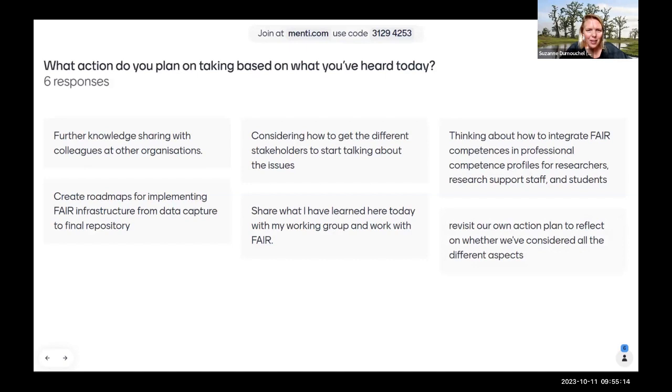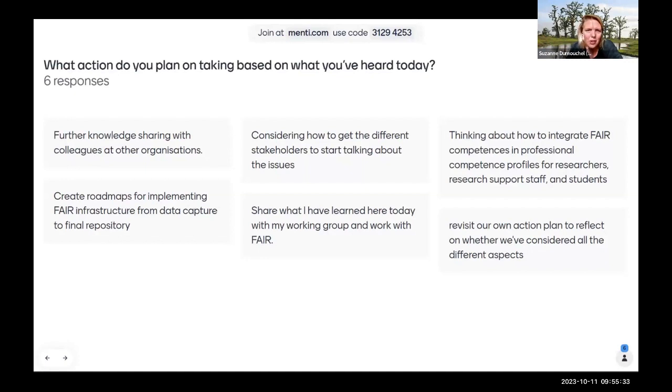Share what I have learned here today with my working group and work with FAIR. Indeed, that's the first step. Always sharing in order to make sure that people have the same understanding. Revisit our own action plan to reflect on whether we've considered all the different aspects. So I'd be happy to know more about this action plan.